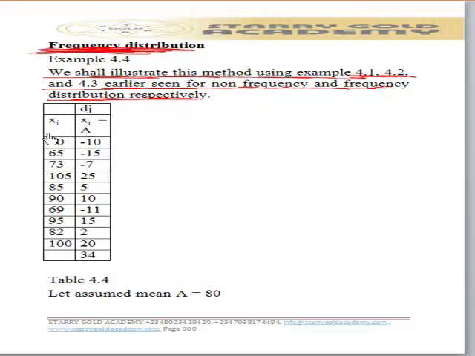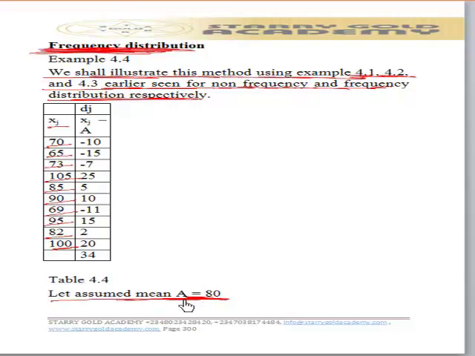In this question, we have the x like the first example we treated. We have 70, 65, 73, 105, 85, 90, 69, 95, 82, and 100. We are required to compute the arithmetic mean using assumed mean, and they said we should make our assumed mean, our A, to be 80.